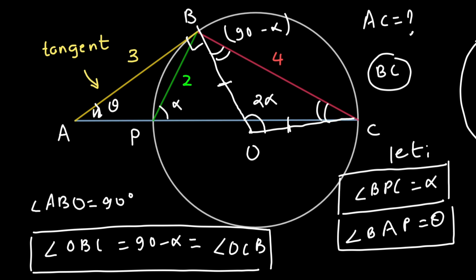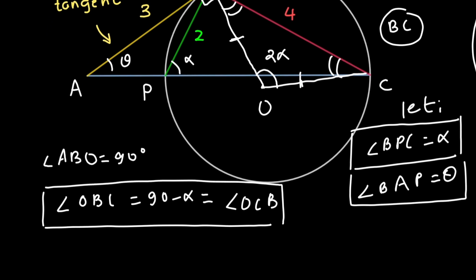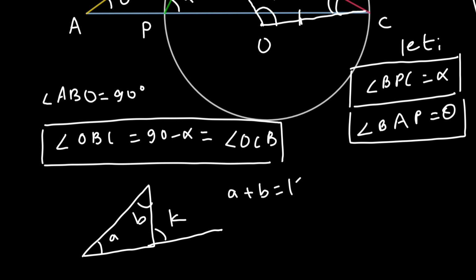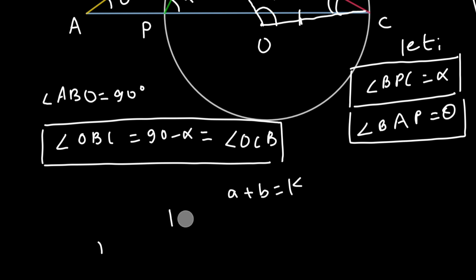Now we can see that here we have a triangle and this line is a straight line. Therefore we can use the exterior angle property, that is, if there is a triangle and it has a straight line in the base, the value of this particular angle, that is K, would be equal to the addition of the two inner angles, that is A plus B would be equal to K. This is the exterior angle property.